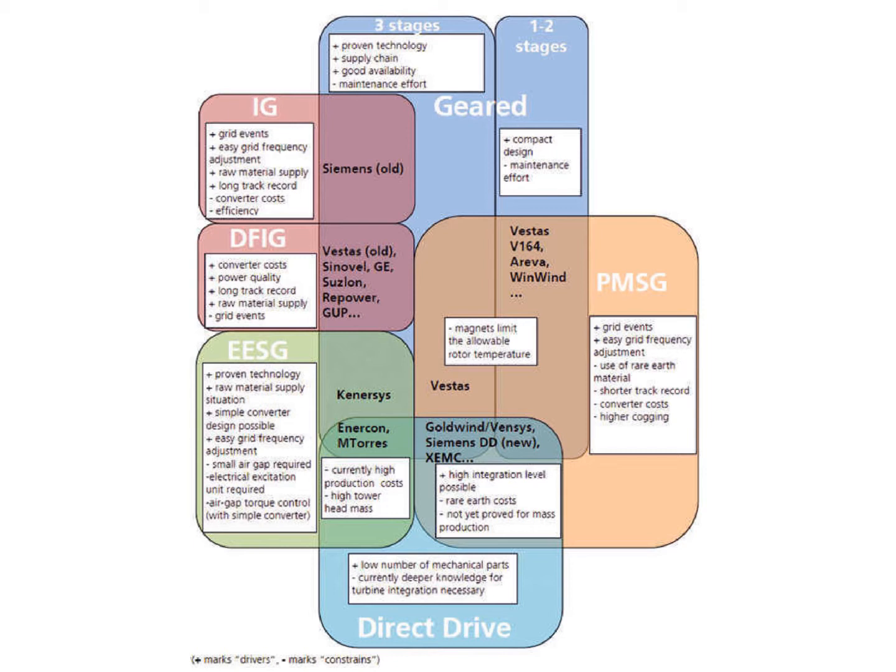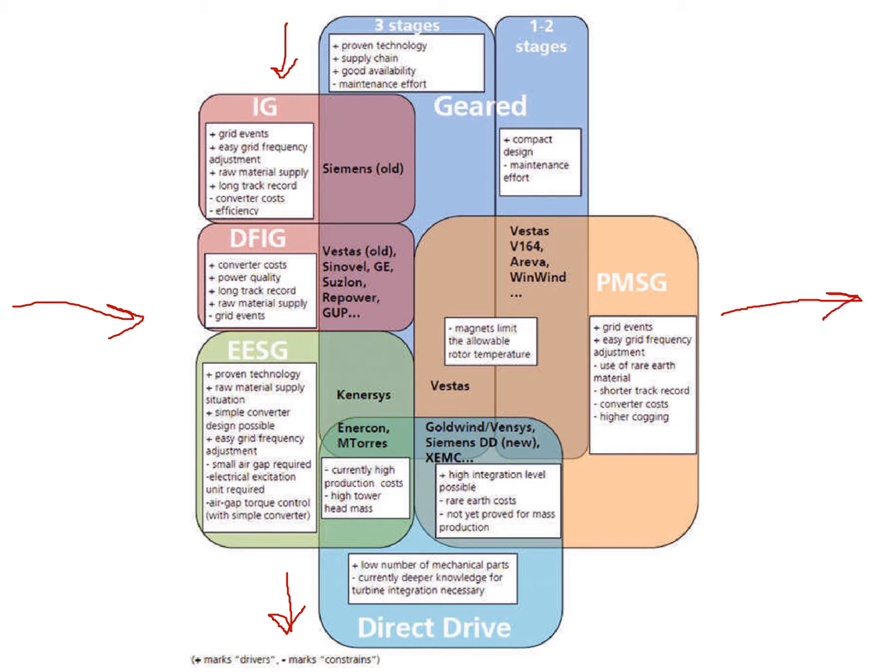If we look vertically, from top to bottom, we first have gearboxes: 3 stages, 1 or 2 stages, and direct drives. So this is how the system is built, what kind of gearbox is used, if it is used at all. In the horizontal direction, we see different electric generator types.